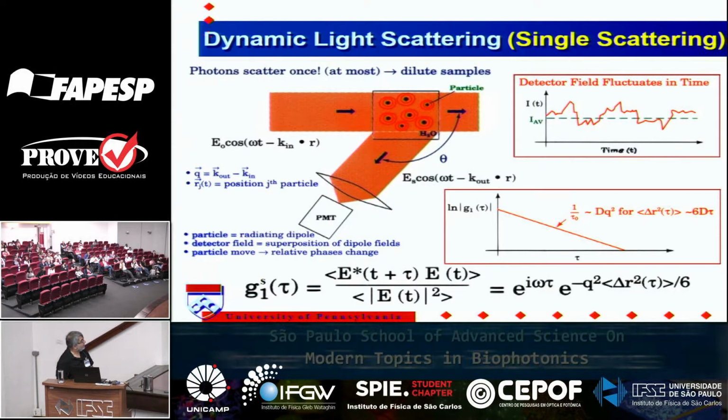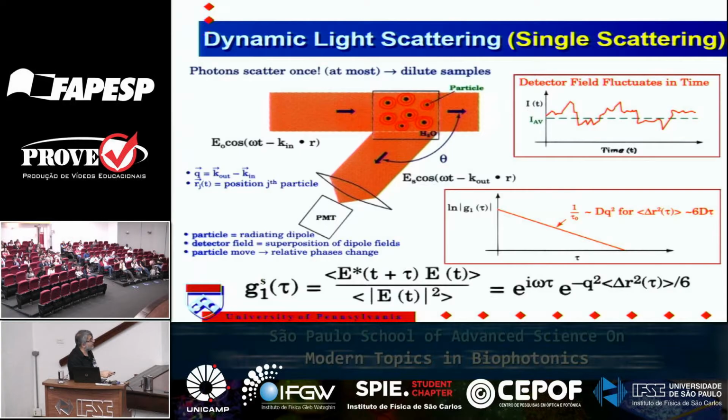Again, this is the basic experiment. The information is derived by computing the autocorrelation function in time of this intensity. So I take this intensity fluctuation, I translate it in time, and I multiply it by what it used to be. And then I get a number. That's a number on this curve.